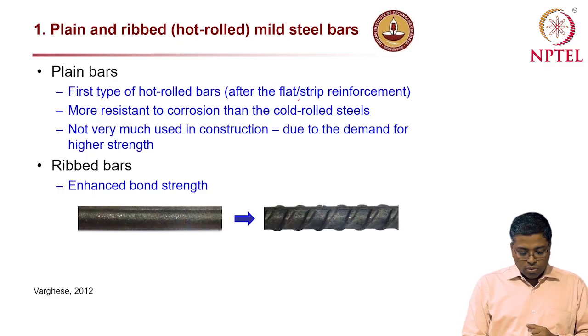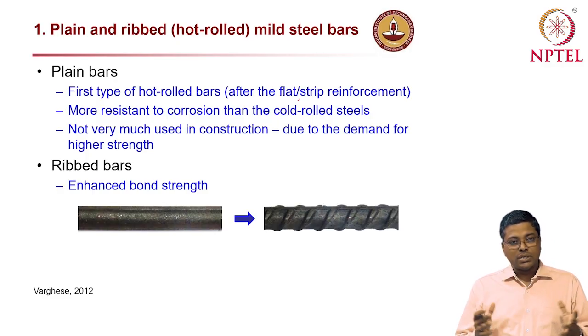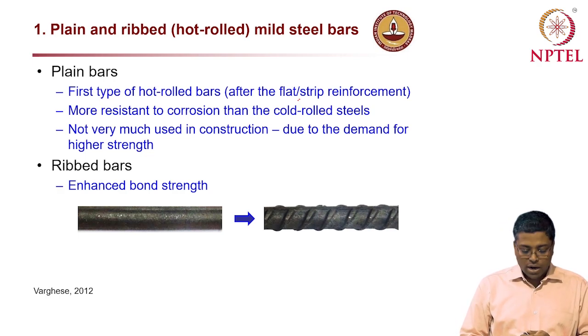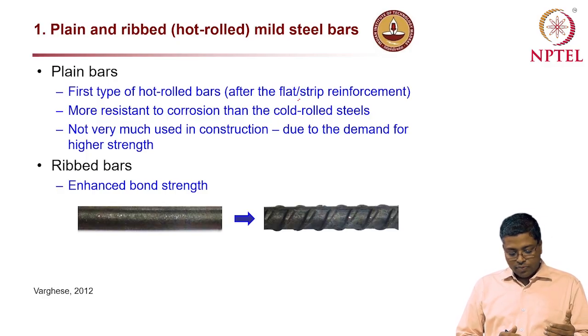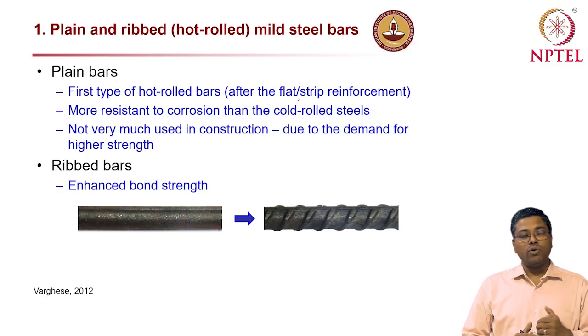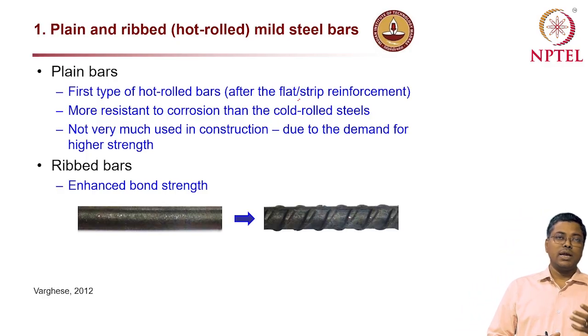And there was also a demand for higher strength steel. So nowadays we don't use this type of plain bars much, and also there was a requirement for better bond between the steel and the concrete.